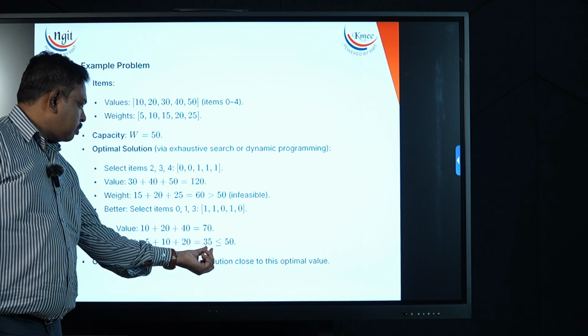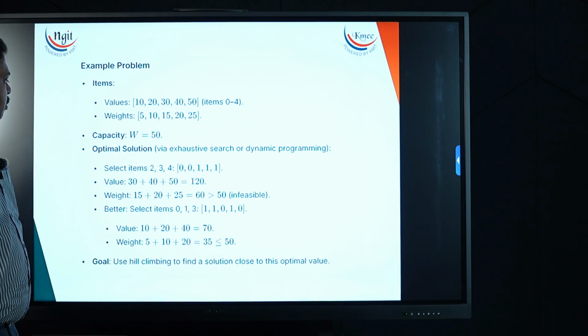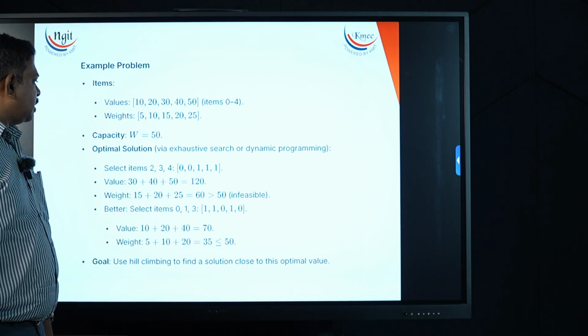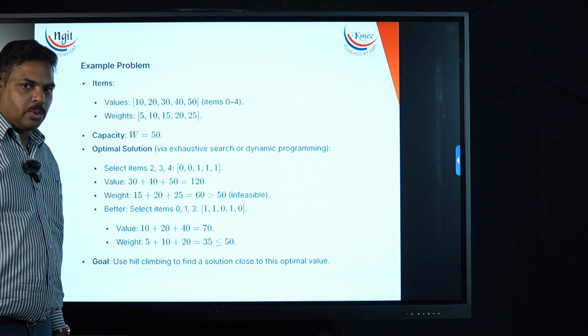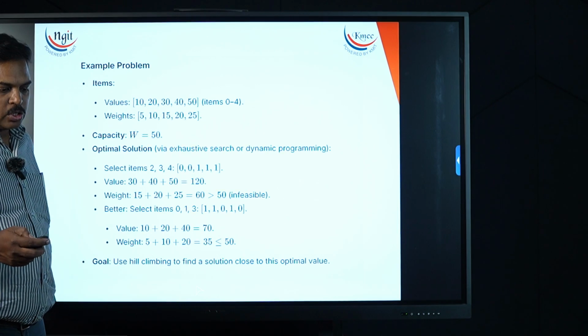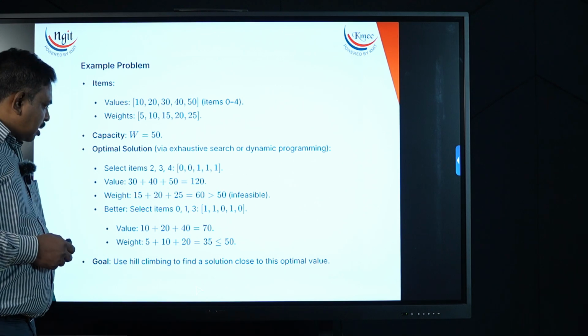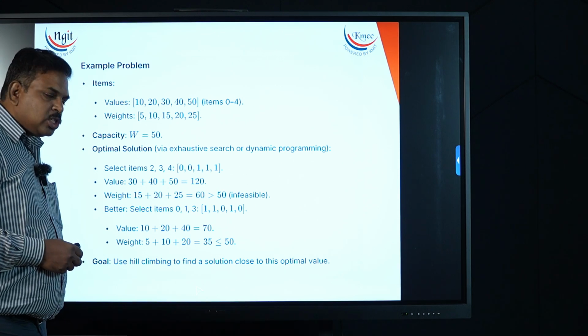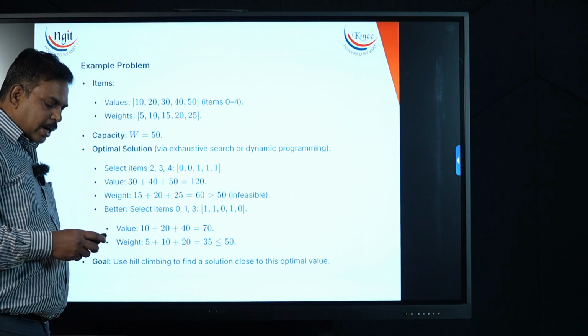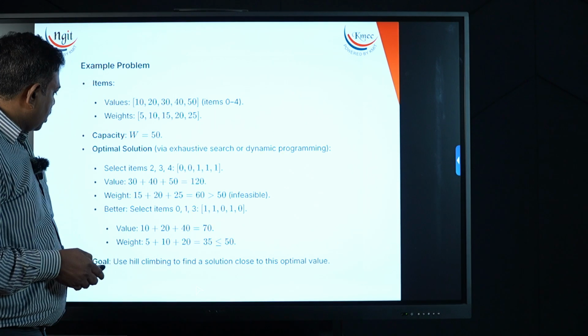This is a feasible solution because I am getting 35, which is less than or equal to 50, but here the value I am getting is only 70. There I was getting a value of 120. So what we do, we have to find the optimum solution, through optimization, that is feasible, which is less than 50, and that gives the highest value of my items.